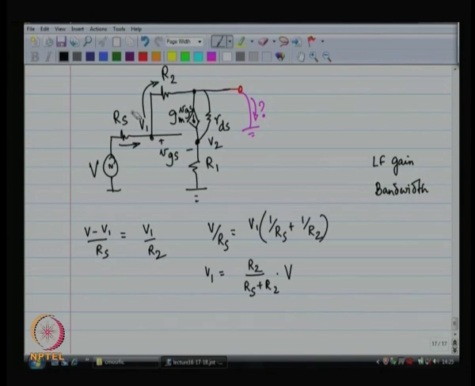Okay. Now, we need to do a second Kirchhoff's equation for the node V2. So, for V2 what I have got is as follows: V2 by R1, that is the current going downwards, V2 by RDS is the current going through RDS, and that should be equal to GM times VGS. What is VGS? VGS is V1 minus V2.